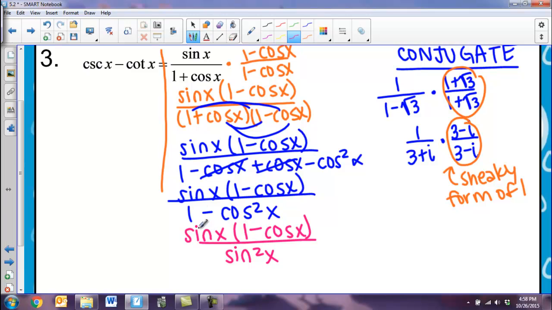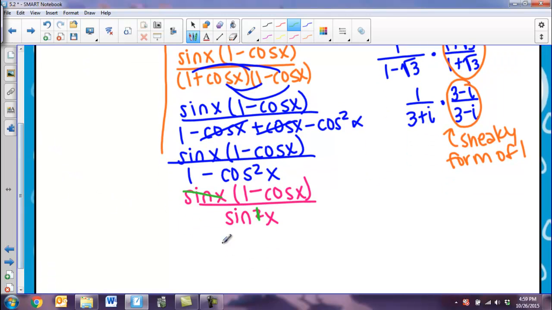Now, one of the reasons I didn't distribute on top is because I wasn't sure if something might cancel. And here it goes. There's a sine on the top being multiplied, and there are 2 sines in the bottom, so I can get rid of one of them. Now what I have is 1 minus cosine x all over sine x.